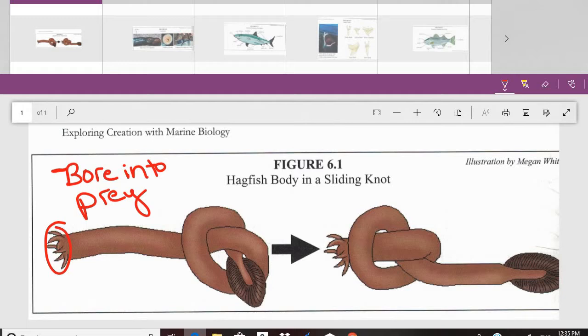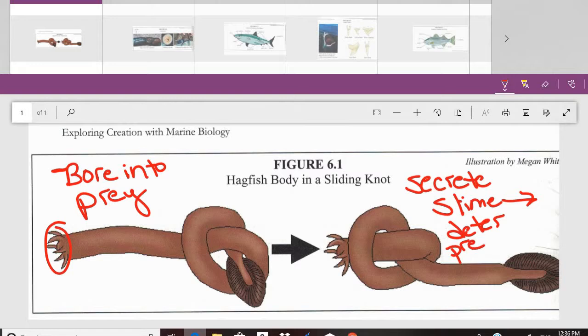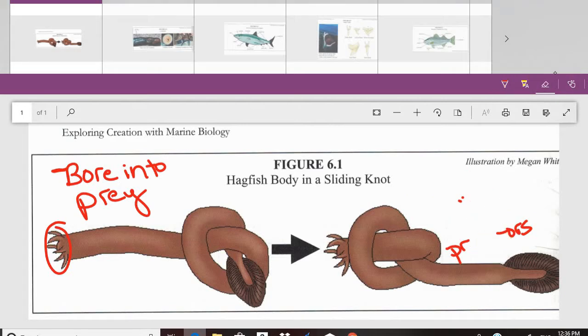They also can secrete a slime, and that slime helps to deter predators. So kind of a very interesting fish is the hagfish. They typically live in colder water, colder salt water. But so hagfish, they eat by boring into their prey, and they are one example of a jawless fish. Okay.